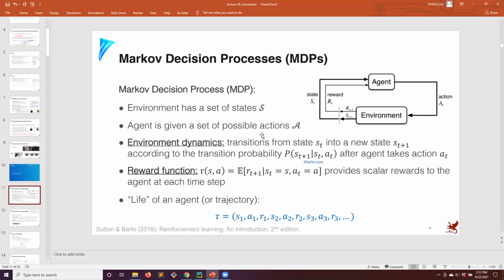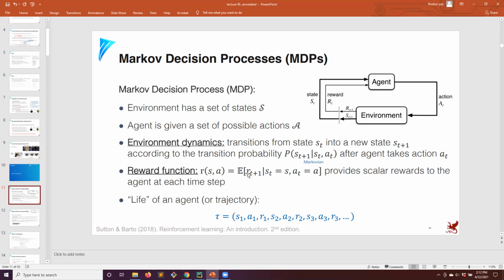And the environment dynamics follow Markovian dynamics, where the probability of going from one state to the next state depends just on the immediate previous state and the current action, but not the states before that. It also has a reward function, which we denote this way.